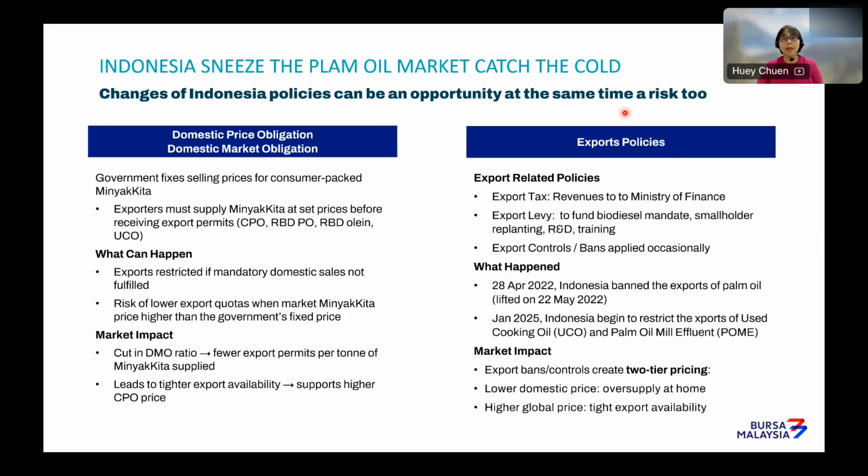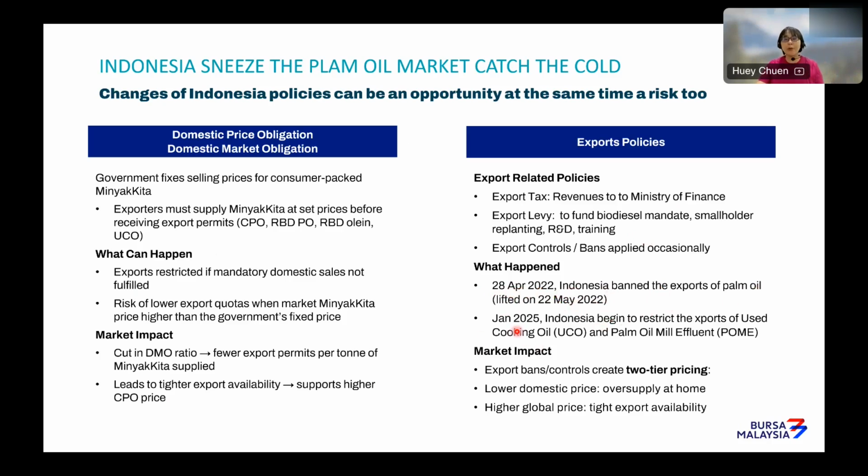Beside that, in the export policy they also have taxes, an export tax and an export levy, and occasionally they like to impose restrictions or bans on certain products, like now. All these export-related policies will have an impact on the price. I'll give a couple of examples. On 28 April 2022, sorry, not 2023, it's 2022, Indonesia actually banned the export of palm oil, and that's why the price spiked up.